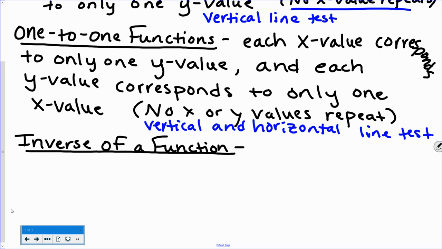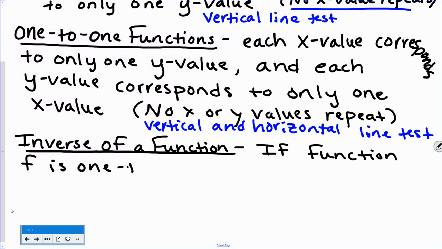It's a little wordy in terms of a math definition here, but if function f is one-to-one, then this means f inverse, so f to the -1 power, if you remember seeing that notation, want to get used to that again.